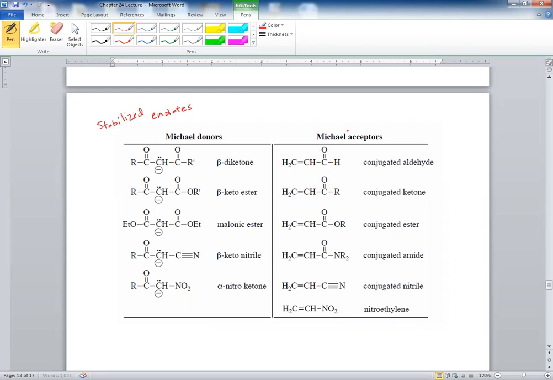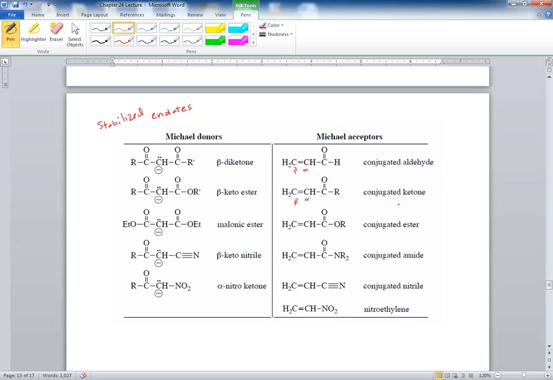And these are a list of Michael acceptors. Notice how they have the alpha, beta, unsaturated carbonyls. So they all satisfy this criteria. So here's the alpha, here's the beta, here's the alpha, here's the beta. So be aware again, this is an aldehyde, this is a ketone, this is an ester, this is an amide, a nitrile, a nitro.